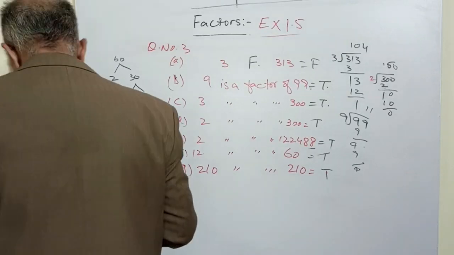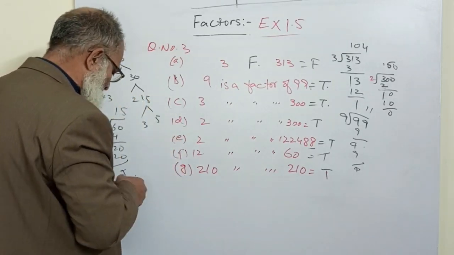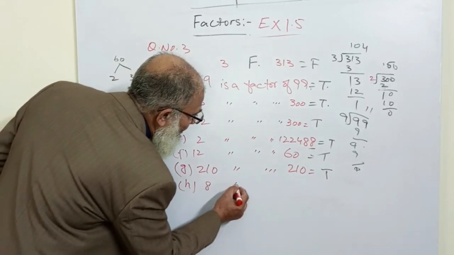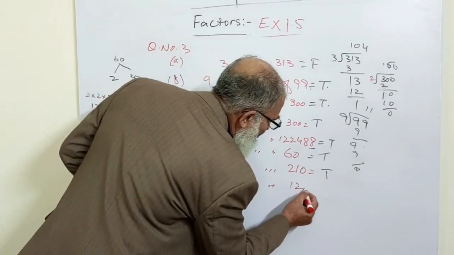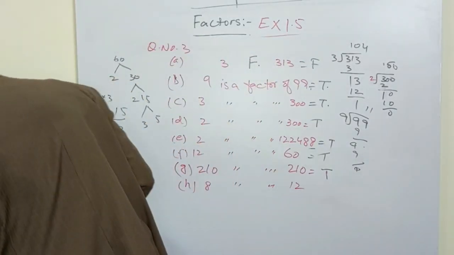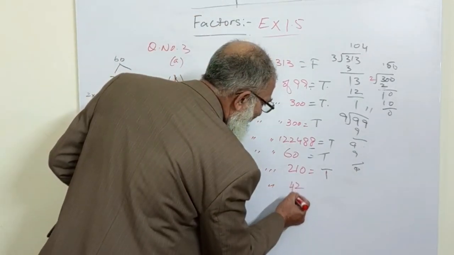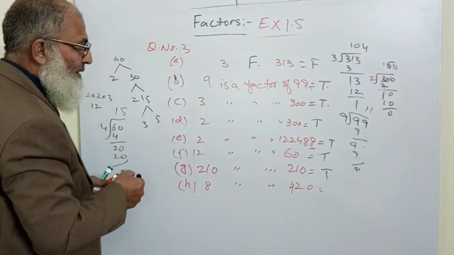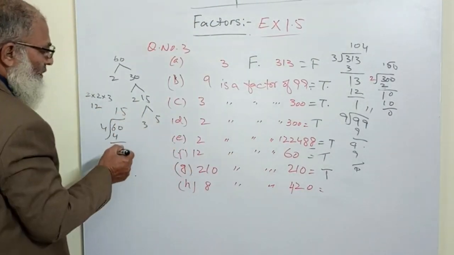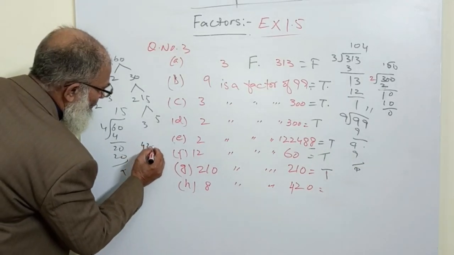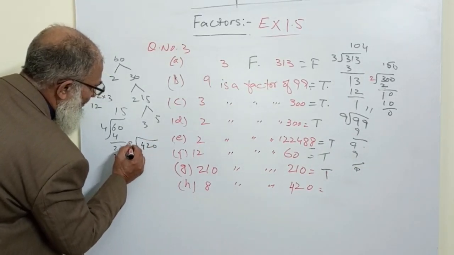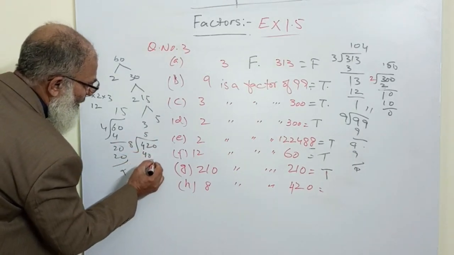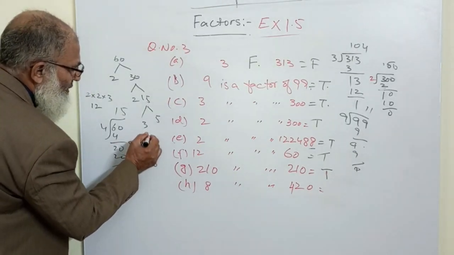Part H, 8 is a factor of 420. Let me check. 8 fives are 40, 20, and this is not divisible.